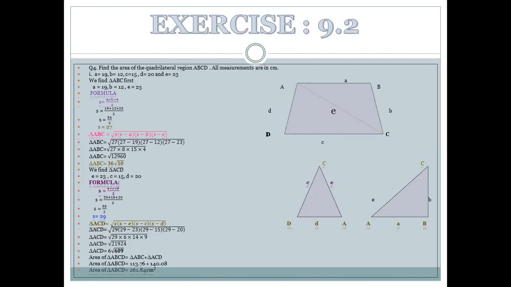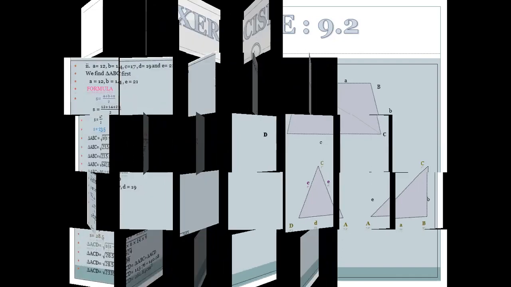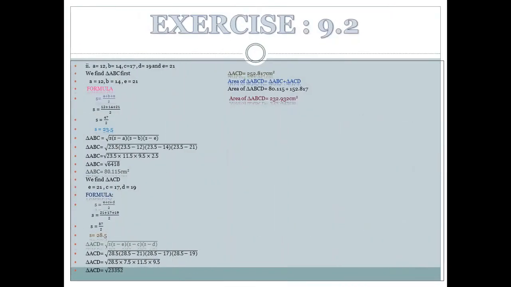After adding them, we get the area of the whole quadrilateral ABCD, which is 261.84 centimeters square.